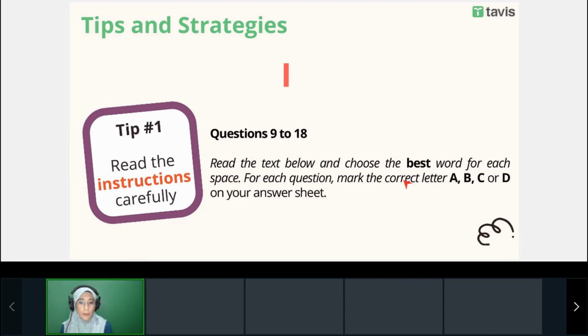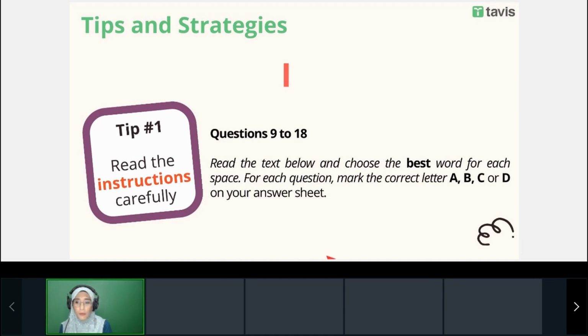For each question, mark the correct letter A, B, C, or D on your answer sheet. So for this part, you have to transfer your answers onto the answer sheet given. So please read the instructions. Always read the instructions. Whenever you receive your paper, you always read the instructions. You have to read the text and choose the best word.